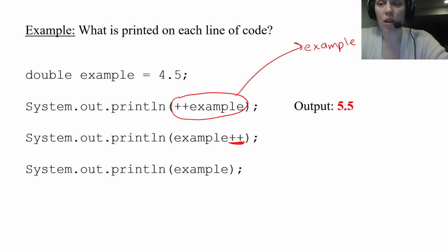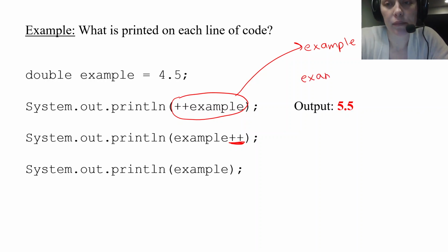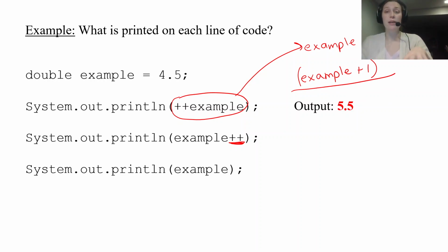We are not just changing it temporarily. If we had system.out.print example plus 1, and we just had example plus 1, it would output a 5.5, but in my container, I would still have a 4.5.